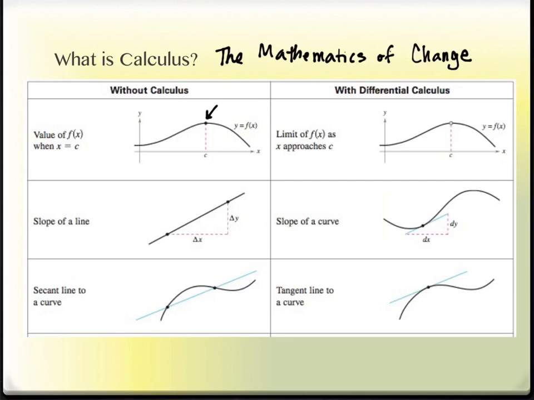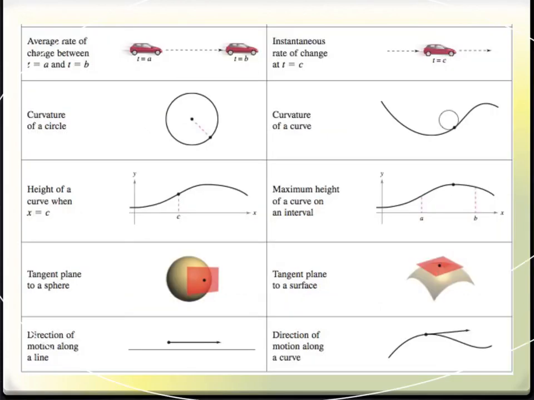Tangent lines simply touch and bounce off of a curve. They're not cutting through 2 points in the curve, generally. They're just touching at this one point right here. That's a calculus concept. All of these are Calc 1 concepts. These three are, and a few others.